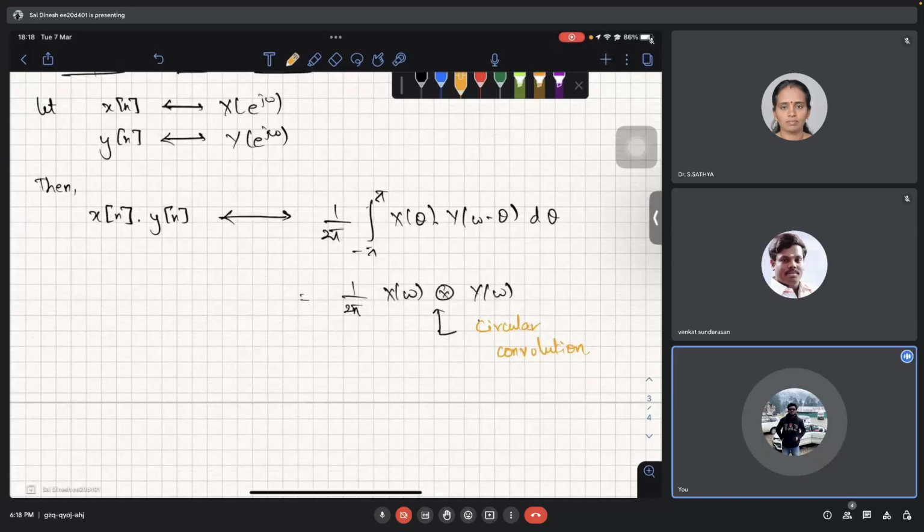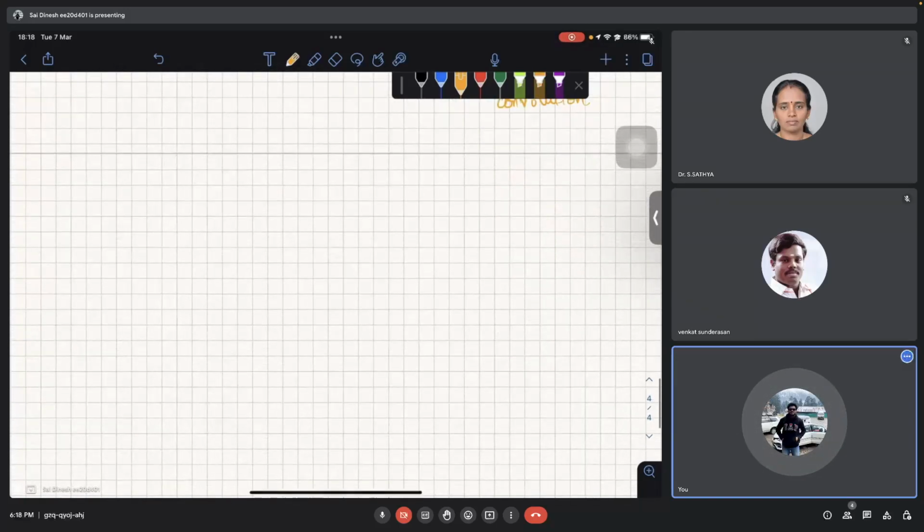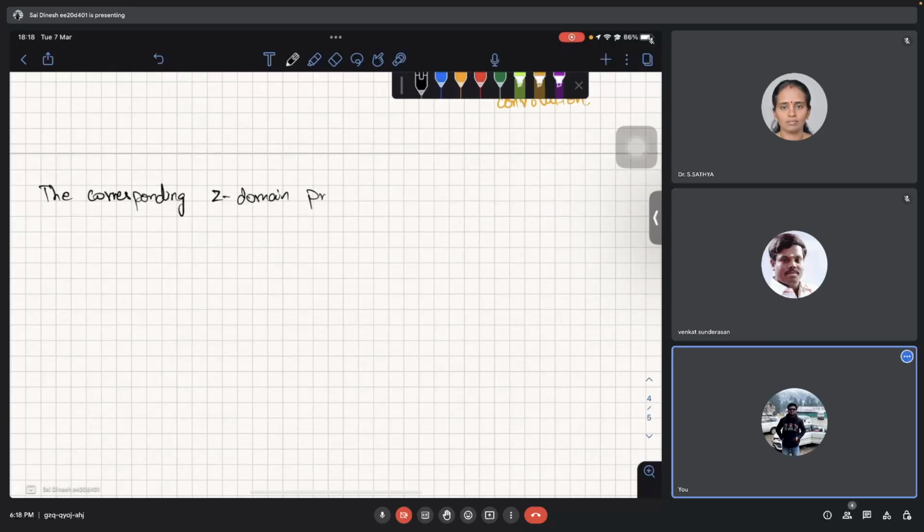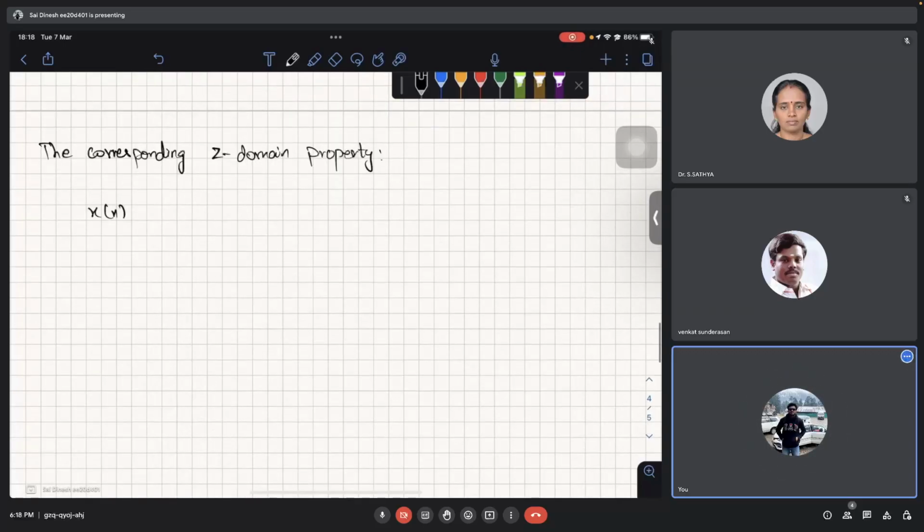And then the corresponding z domain property is that x of n into y of n is a pair with 1 by 2 pi j contour integral of x of r y of z by r, dr by r.